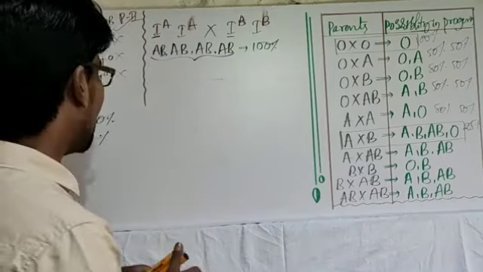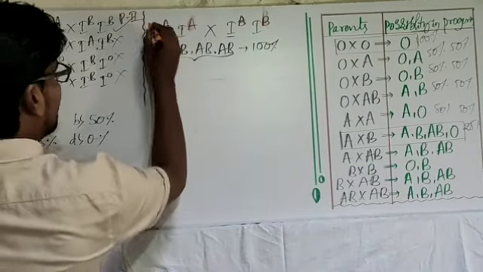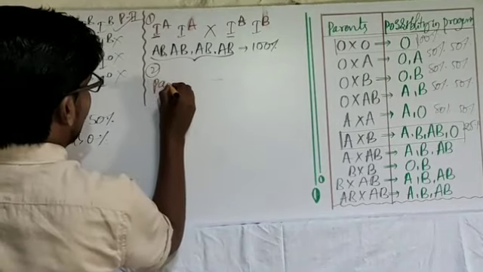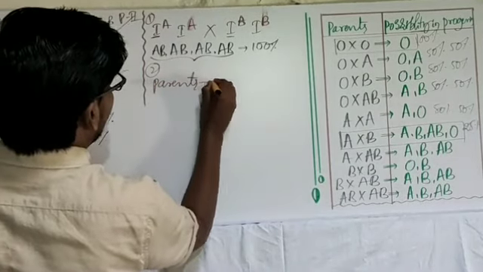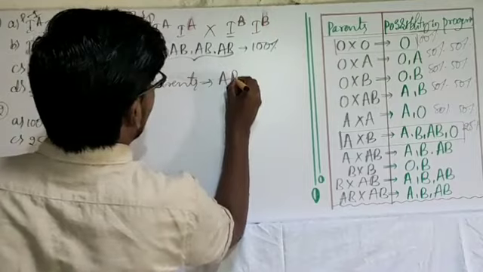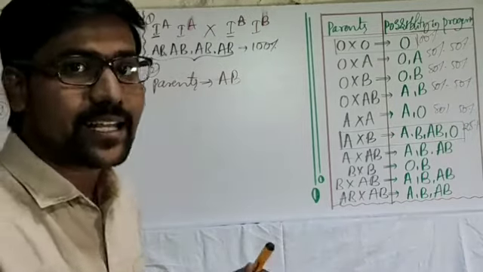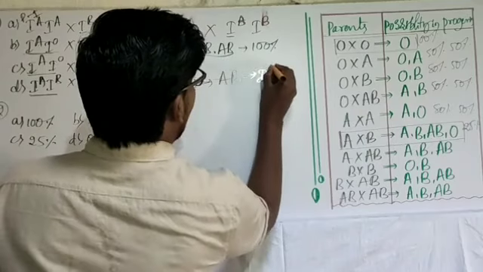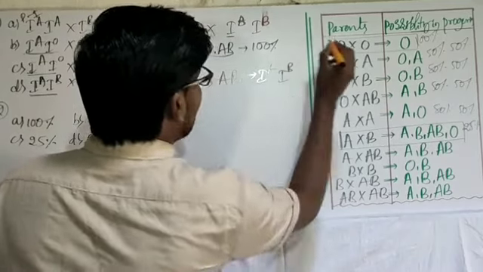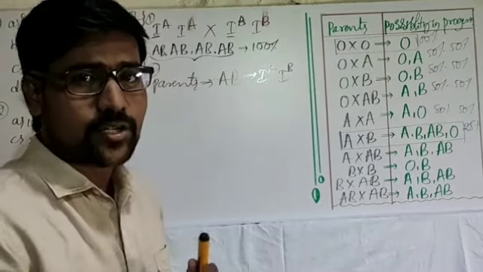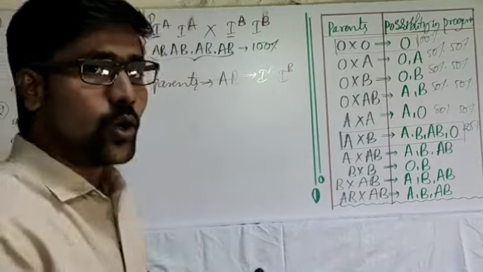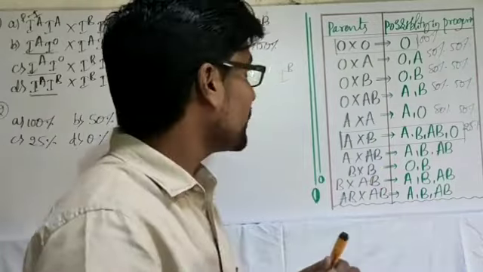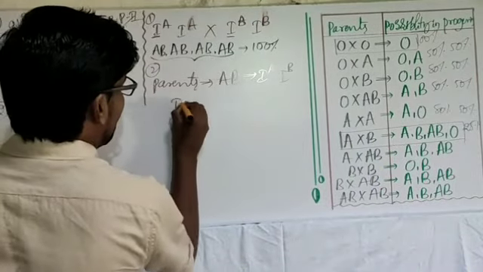So already they have mentioned here, let me write. Parents blood group is AB. Already in the question they have mentioned, this is the given data. AB means compulsory it must be IA and IB, only heterozygous condition. If both are like that, what is the probability of their first child having this AB blood group? Then what can we write here?